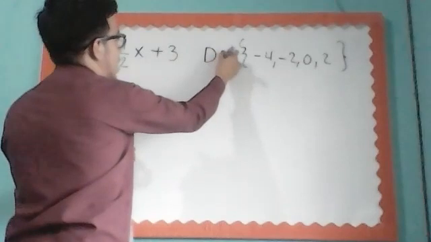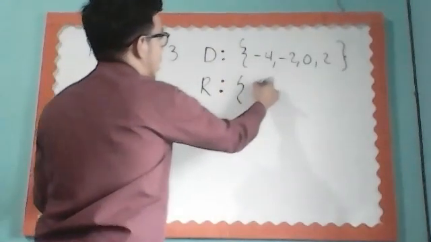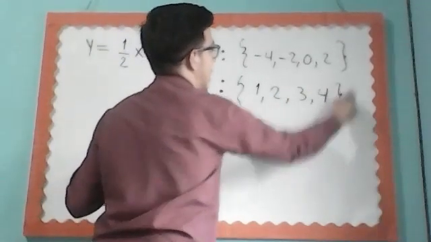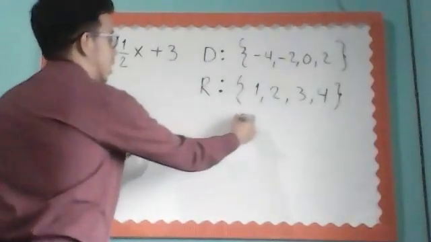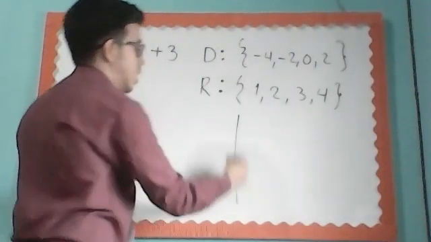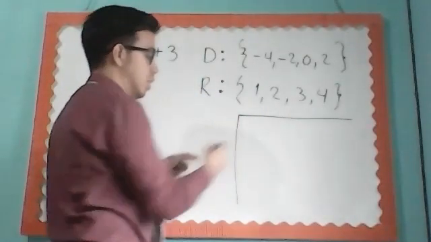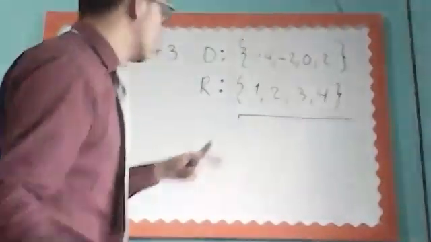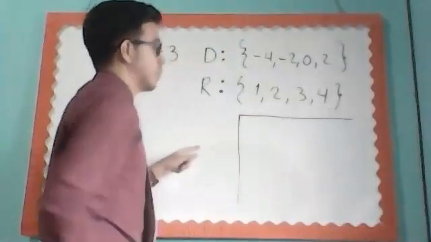It's 1, 2, 3, and 4. We can write a chart in here. I'm sorry that this line is not completely straight. I'm going to try it again.